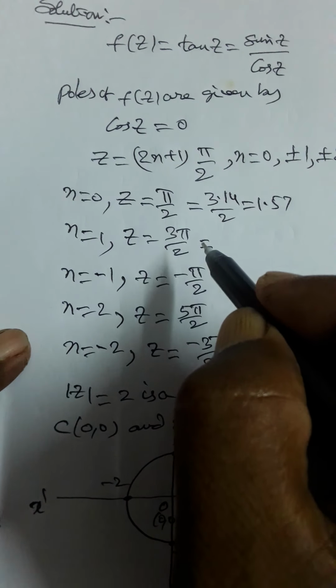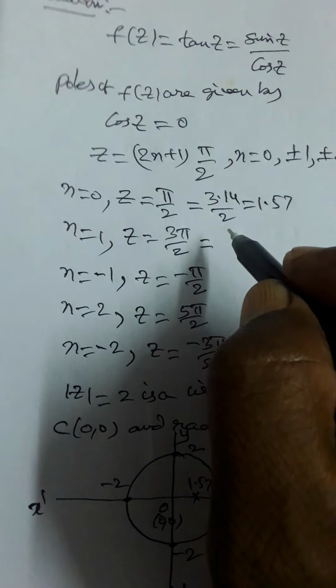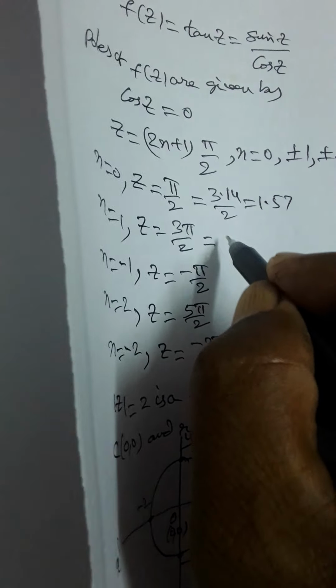3 pi by 2 has value 4.7, which lies outside the circle.